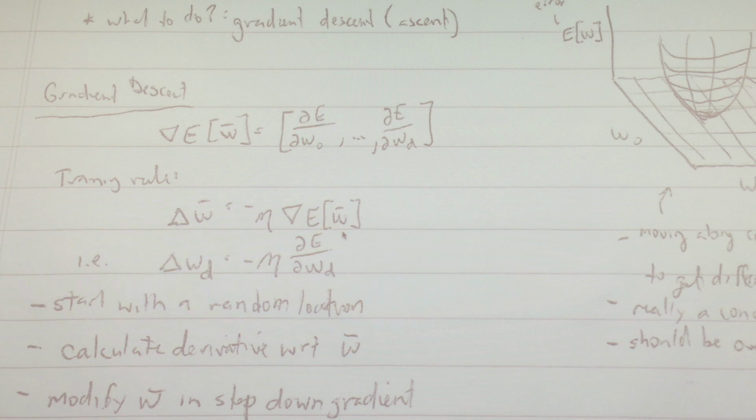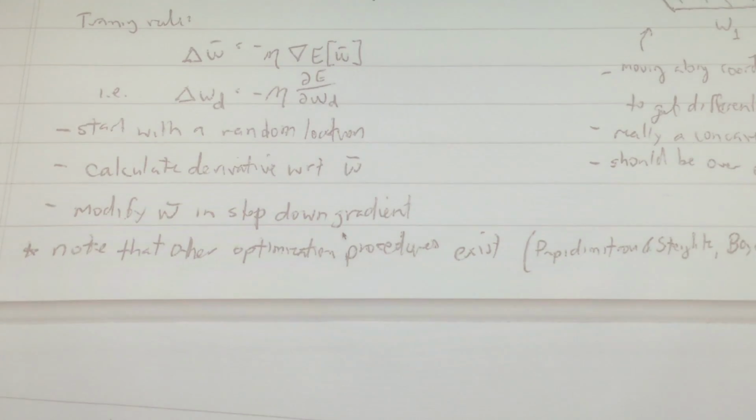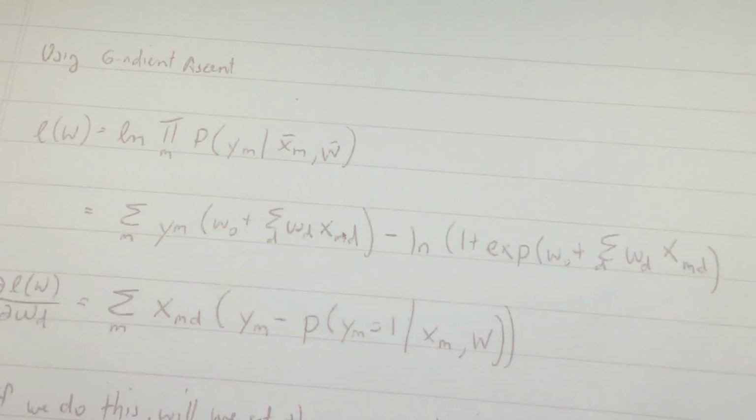You learn LMS for linear regression. We show in this lecture how to do it for logistic regression. But it ends up basically being the output minus your prediction, times the value of the x that you're updating. That's what it always works out as. Math is nice, but it's not really super crucial.